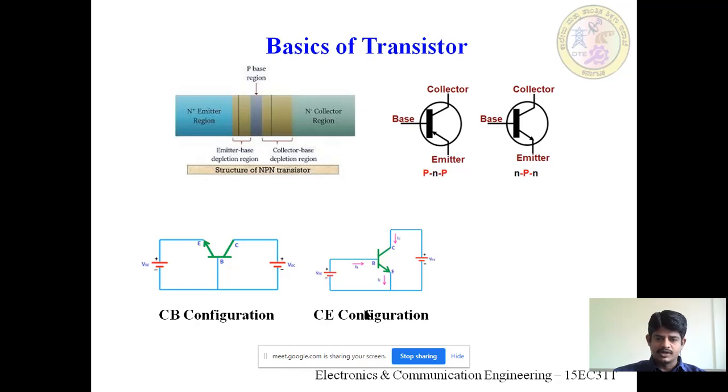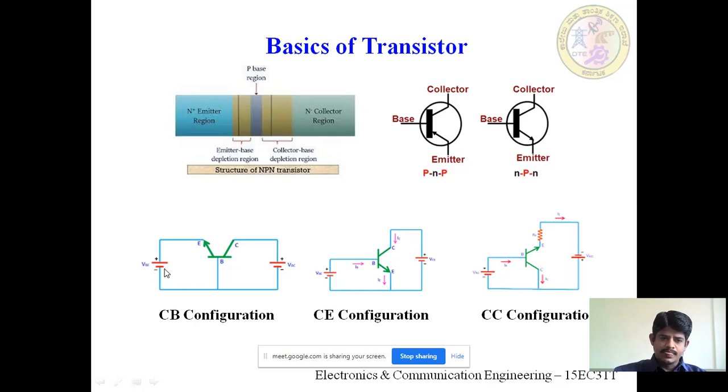CE means common emitter. You can see this emitter is common between the input and the output. Similarly, the CC configuration means common collector configuration. The collector will be common between the input and output. So these are the different configurations we can achieve using the transistor. And here you can see we have a DC supply. We will deal with this DC and AC in the next slide.